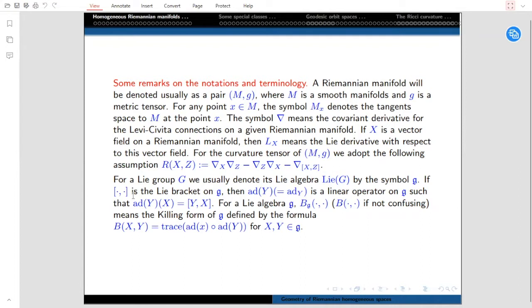If this is the Lie bracket on g, then ad(Y) is a linear operator on g such that it acts on X by the bracket [Y, X], as usual. For a Lie algebra g, B_g or simply B means the Killing form of this algebra, defined by the standard formula, trace of the composition ad(X) and ad(Y). This should be capital X, of course.